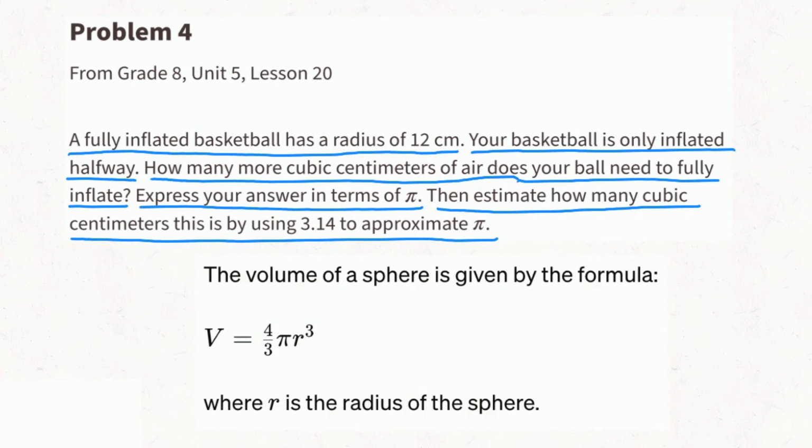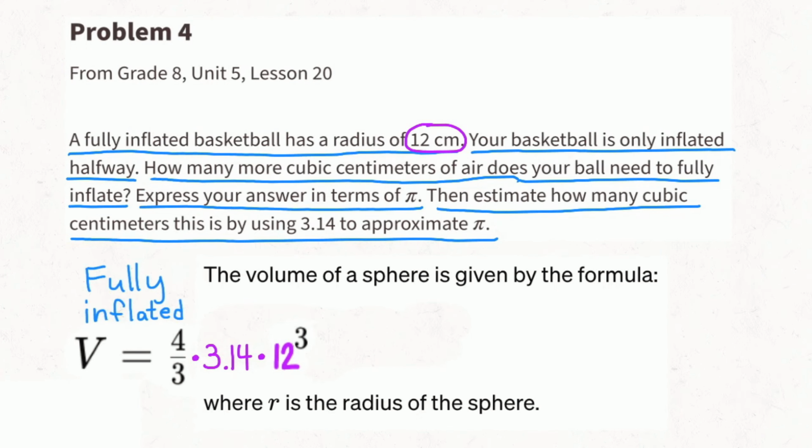The volume of a sphere is given by the formula V equals 4/3 pi r cubed, where r is the radius of the sphere. Since the radius of the basketball is 12 centimeters, we can plug in 12 in place of the r. Since they want me to use 3.14 for pi, I'm going to plug in 3.14 in place of the pi symbol.